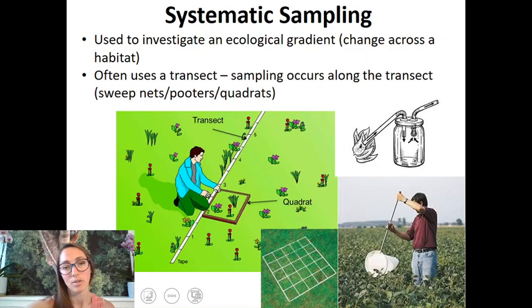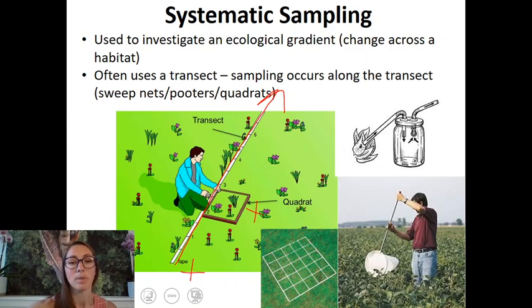You'll generally pull a measuring tape along the ecological gradient, and then at certain points along that transect you'll take measurements. Maybe every 2 meters, for example, and you can see this scientist has stopped at this second reading point and placed down a quadrat.